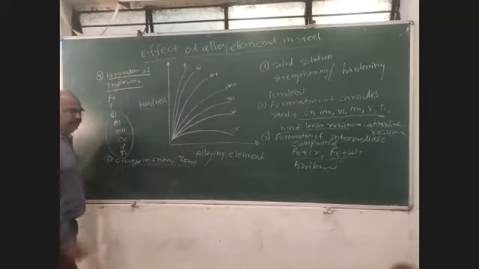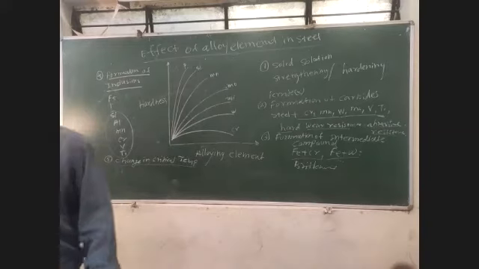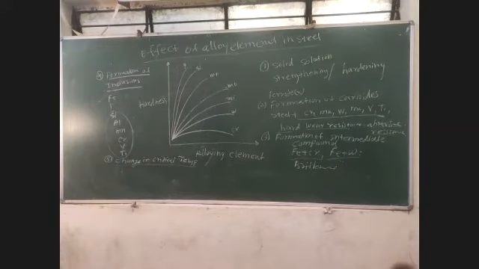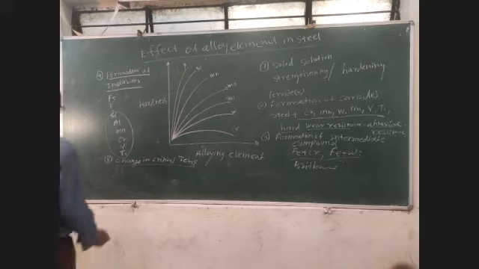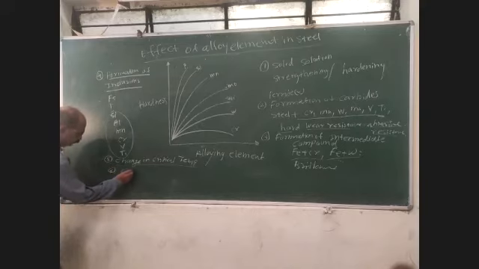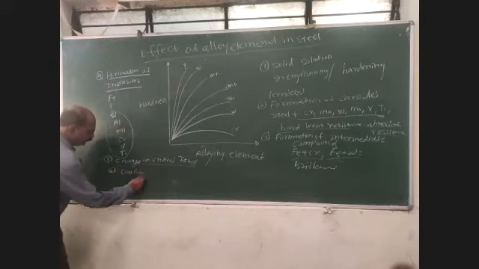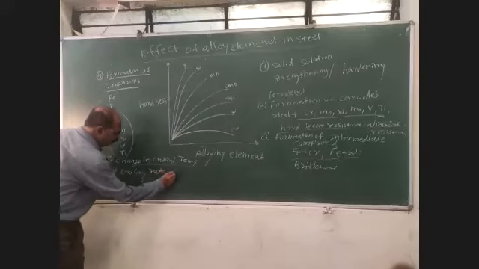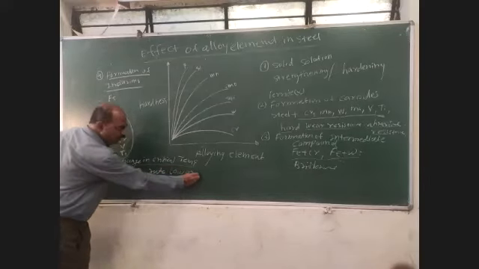Change in critical temperature. In the iron carbon diagram, we have seen that by increasing carbon percentage, the critical temperatures are going to change. Next, the lowering of critical cooling rate. Cooling rate will get lower in our eutectic reaction. Cooling rate lower means slow cooling will be there.